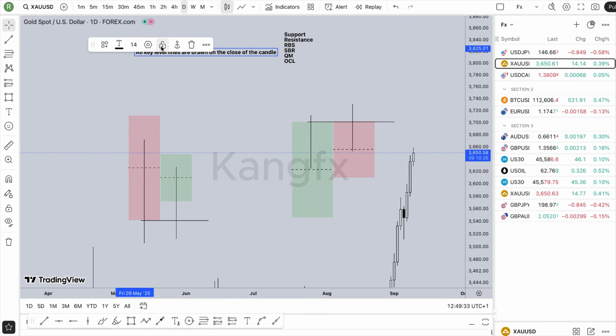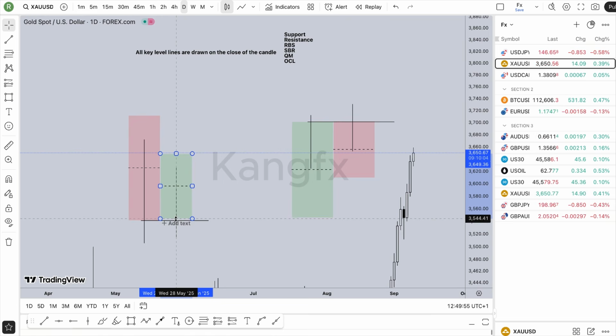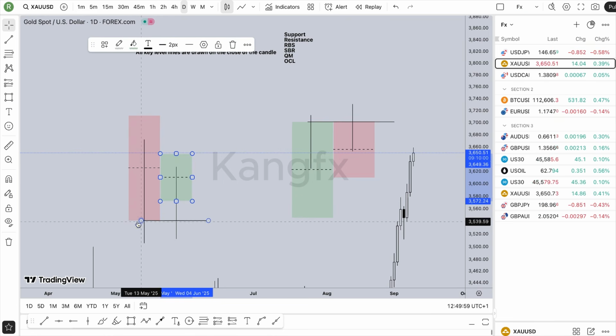Now, what does this mean? This means that if I'm drawing my support line below, because support will always be below, resistance will always be above, then it must be on the close of the candle. Now, if I check this candle and this candle, which of them have a close below is a red candle. So it doesn't matter where this green opened from, I'll still draw my support at the close of this candle.